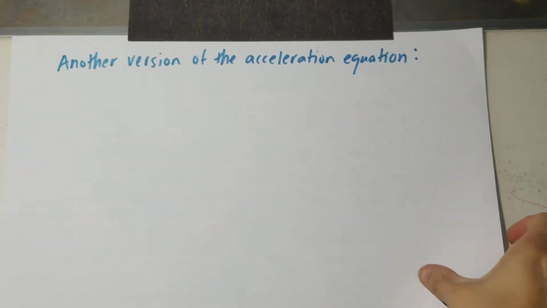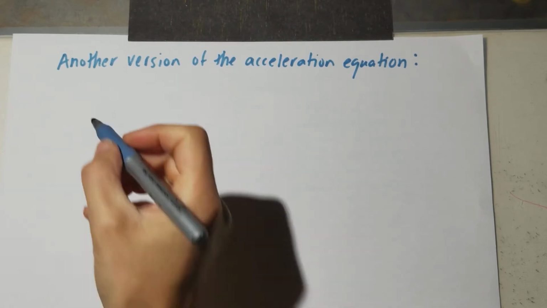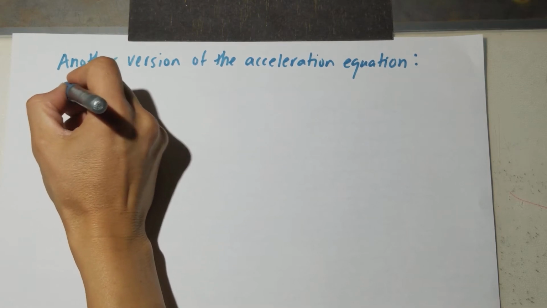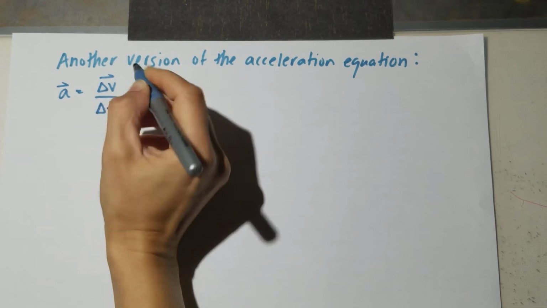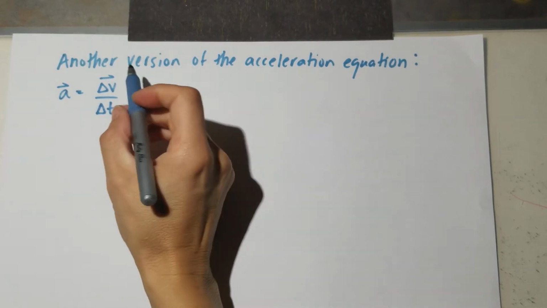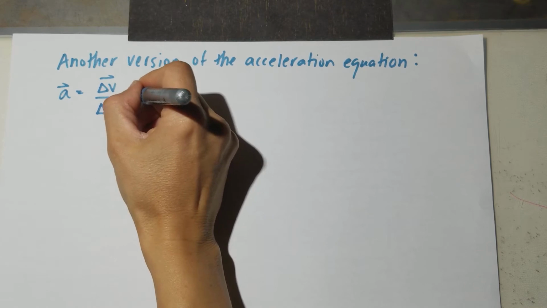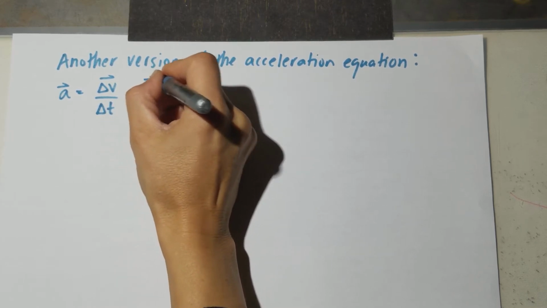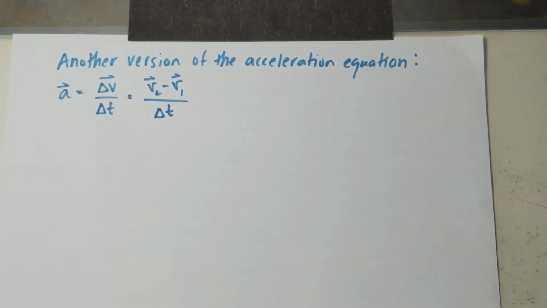So what we're going to talk about now is another version of the acceleration equation. I'll start with the one from the last page: acceleration equals delta V over delta T. But now I want to take that numerator and expand it, because we know delta V means change in velocity. Let's take that and put V2 minus V1 all over time.